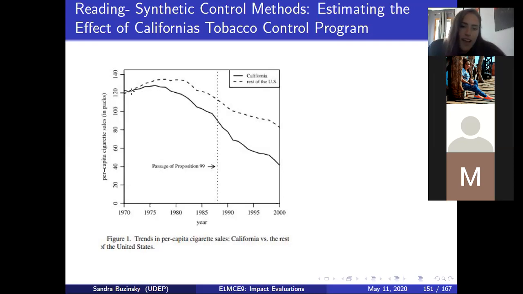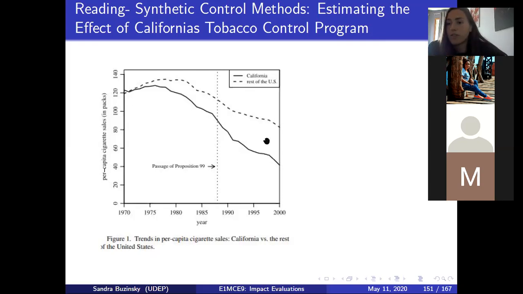You can see that at 1970, California actually had slightly more. There's a decrease in trend for both groups, but they might not be identical. It might not be an exact parallel trend, because you can see that the two groups are kind of diverging from each other even before the policy hit.